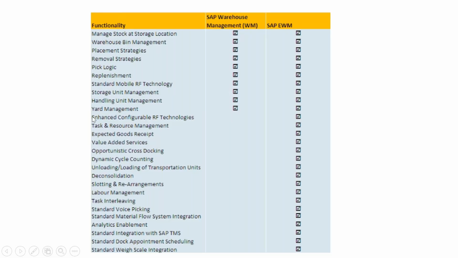If you notice, around 10 to 15 or some 20 operations are not available in the standard warehouse management, and these functionalities are available in extended warehouse management. That's very high level, which I have explained now. With this, our session is completed.